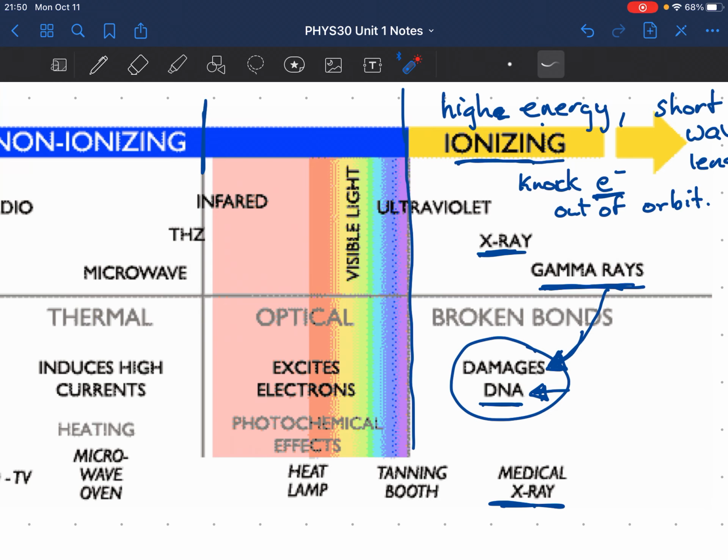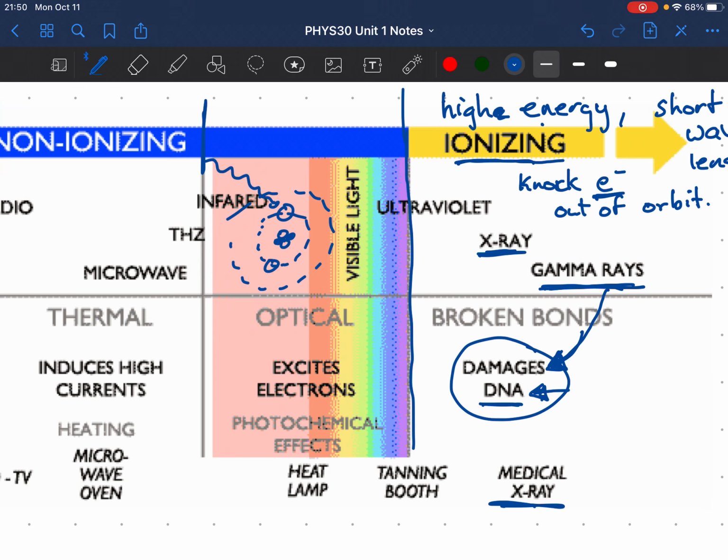If you remember talking about the photoelectric effect, or how light is made, right? Exciting electrons can put them up into a higher orbit. We drew a diagram that looks something like this. Here's the nucleus. Here's one orbit. Here's another orbit. Here's an electron.